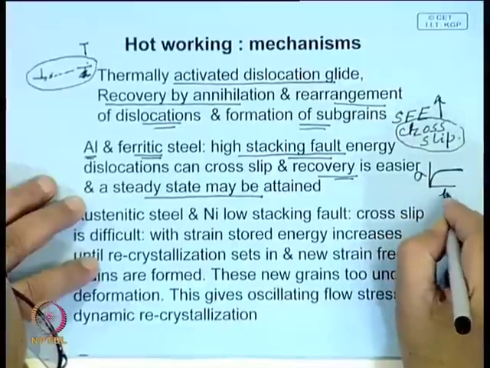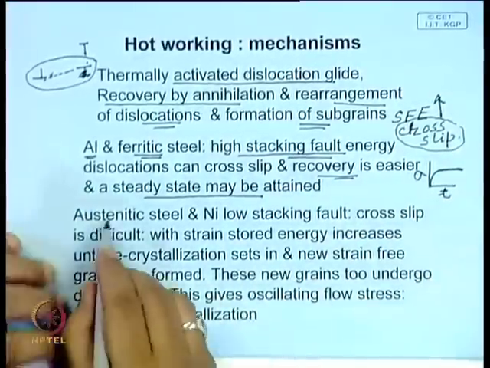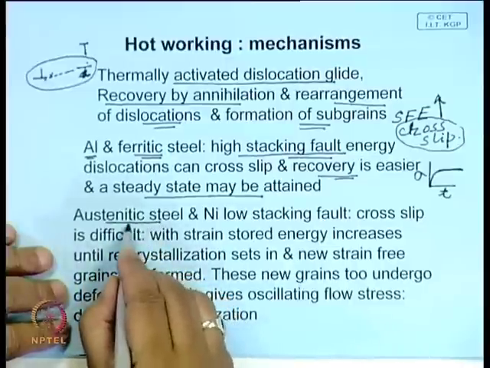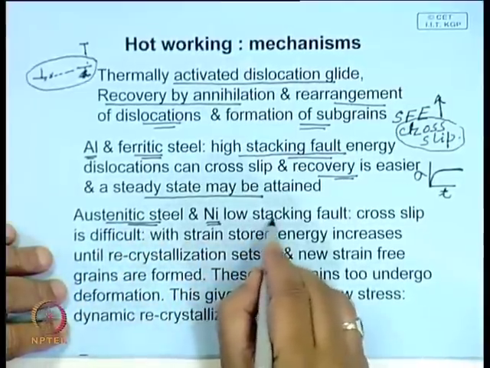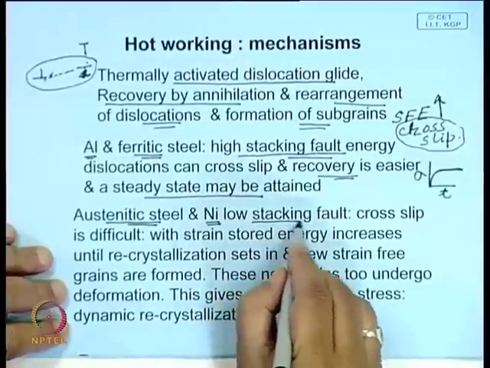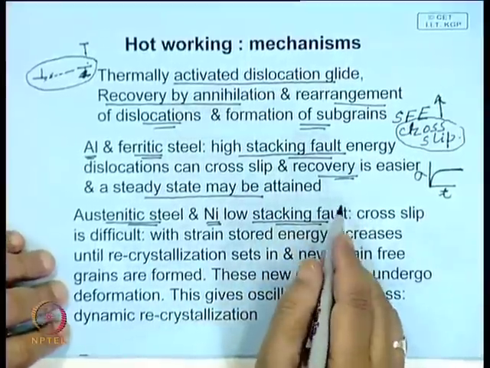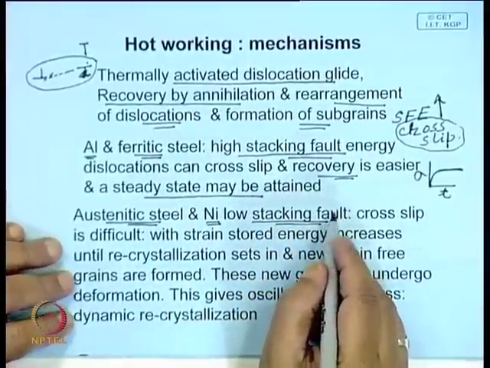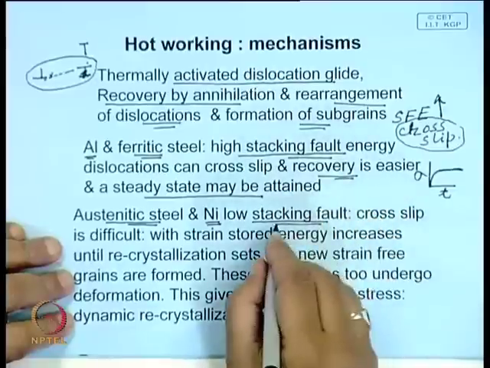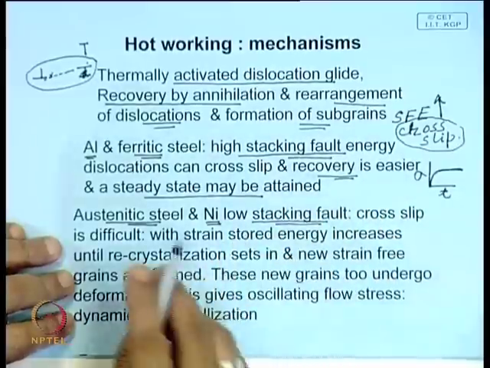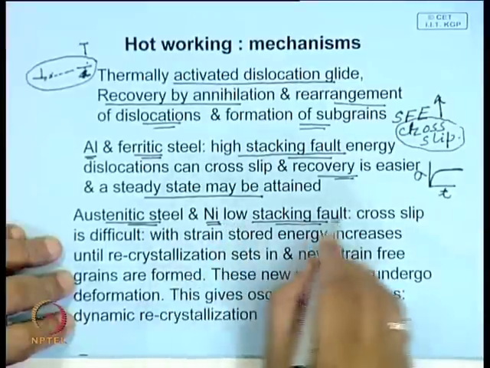Flow stress behavior will be something like this, whereas austenitic steel and nickel are examples of materials of low stacking fault energy, and in materials with low stacking fault energy you will often find twins in the structure. So, in cold work and annealed structure you get twins. They are also signs of low stacking fault energy.